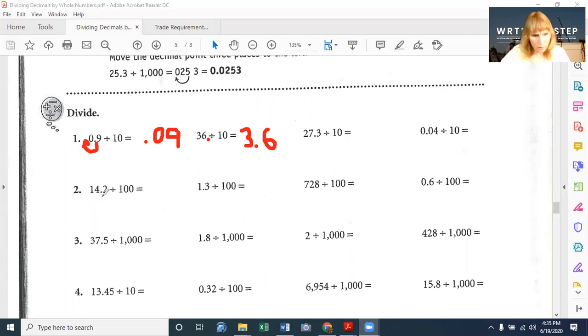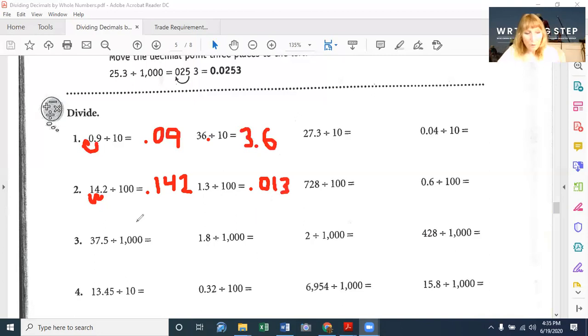So if the decimal is here, I'm going to go 1, 2. My answer will be 0.142. The next one, I'm going to move 2 to the left because I'm dividing by 100. So if I move 2 to the left, I'm going to end up having to fill in with a 0 first, and then a 1, 3.